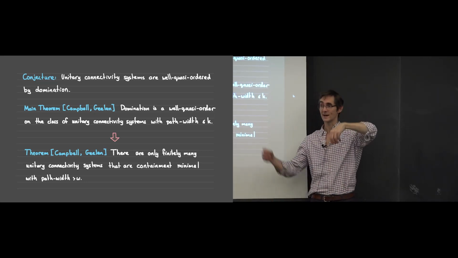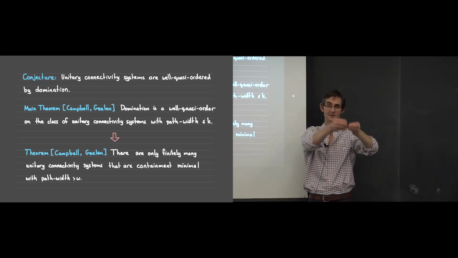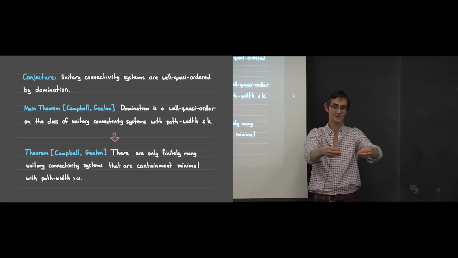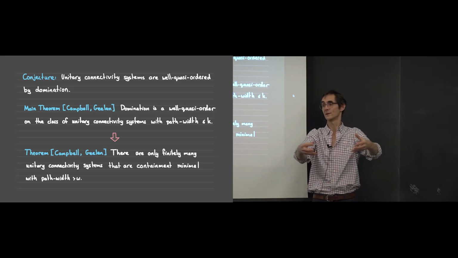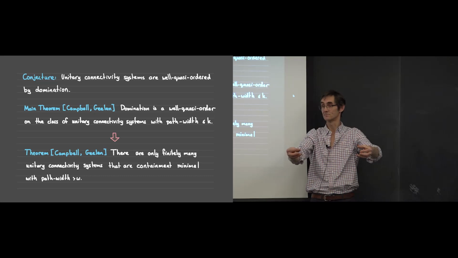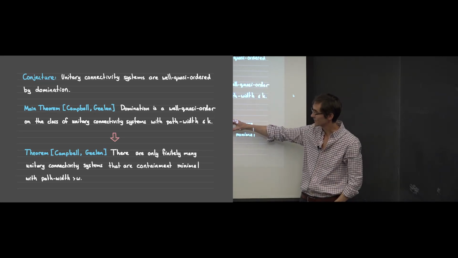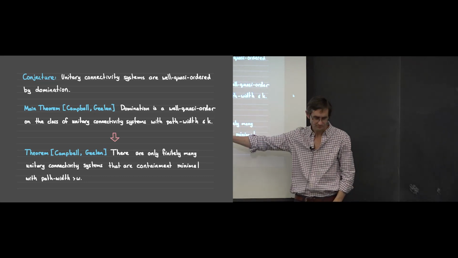So I just need to take the obstructions in the domination case and replace each of those connectivity systems with connectivity systems on the same ground set that are bigger than it. That's only going to give me finitely many obstructions. So even though this was to do with domination, you still get a result on containment in connectivity systems.